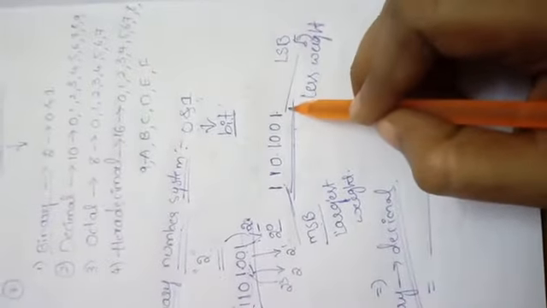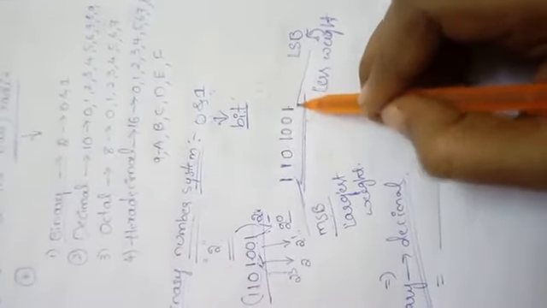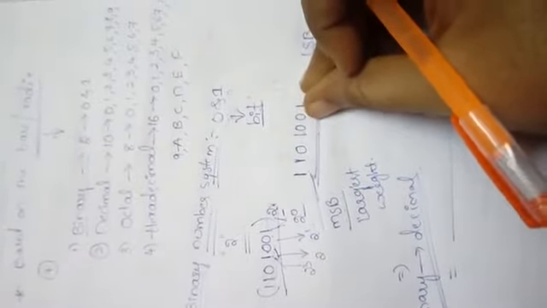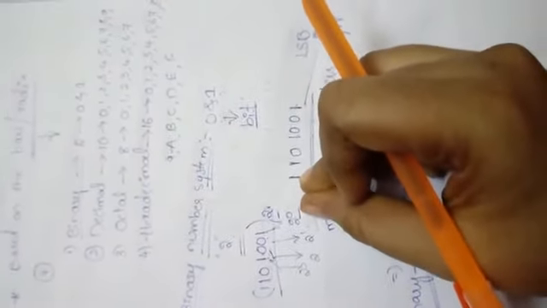As I already explained, we always read the binary number from the least significant bit to the most significant bit. Remember the point. So first we take the bit from the right side. This is our first bit and this is our last bit. Remember the point, this is our first bit.